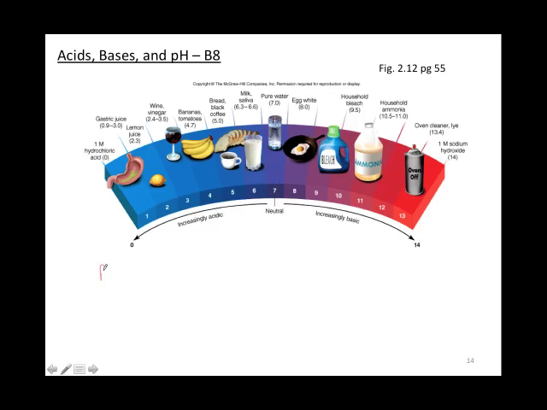Now, there are things that we call buffers. And buffers are things that help to balance pH or help to keep pH within a certain window. And we have both physiological and chemical buffers.